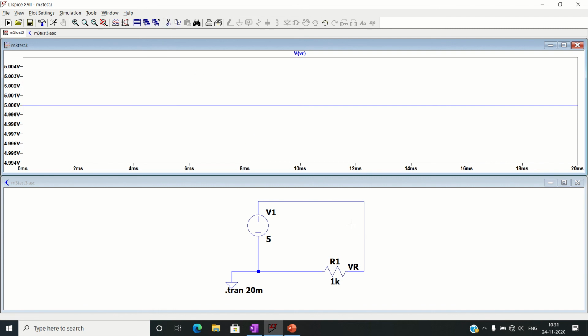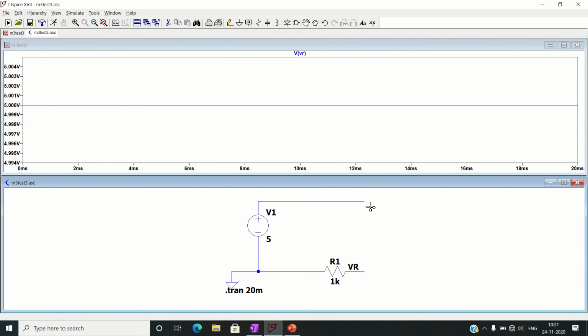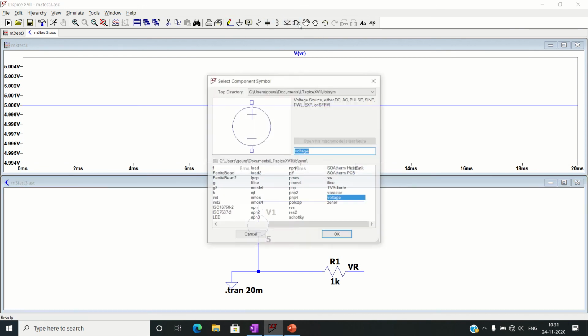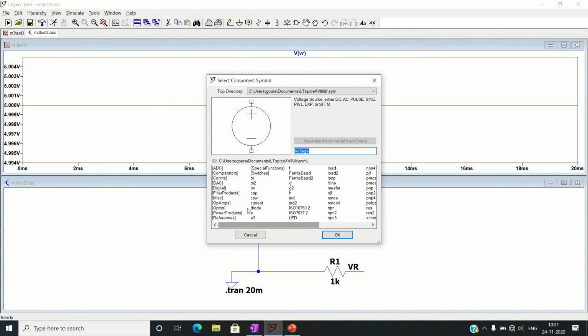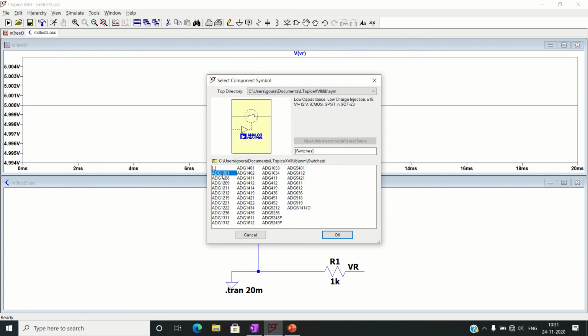In order to add that switch, I first have to delete or remove this wire. So this wire I have removed. Now I will add a switch. To add the switch, again you have to go to components, switches. Get this.